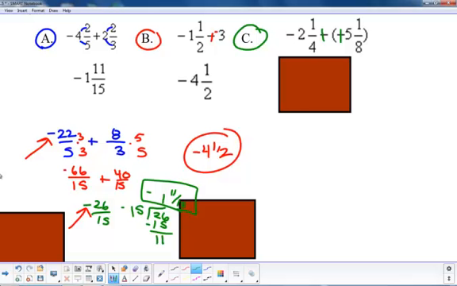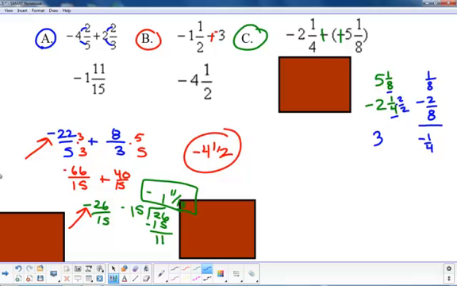But if you have 5 1/8 minus 2 1/4, 5 minus 2 is 3. And this would need to be a common denominator as the 8, so I would multiply it by 2. So I have a 1/8, and I'm subtracting a 2/8. So I get a negative 1/8.